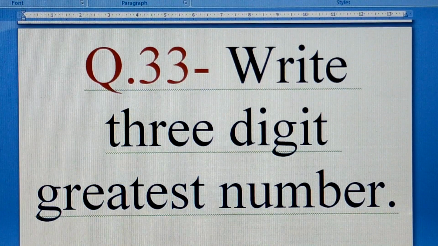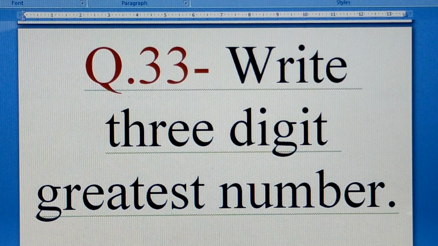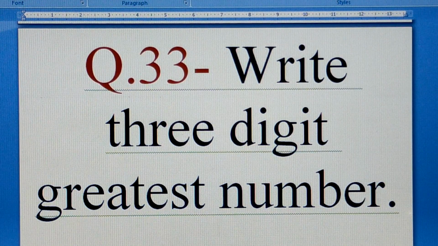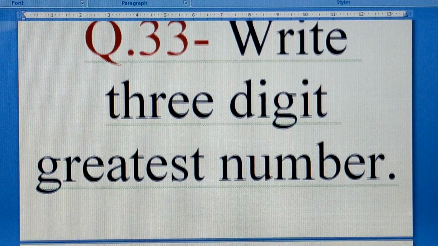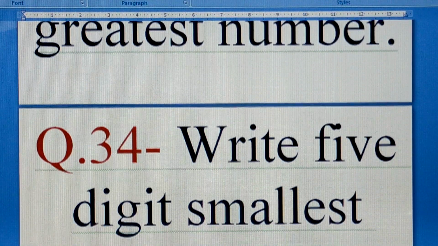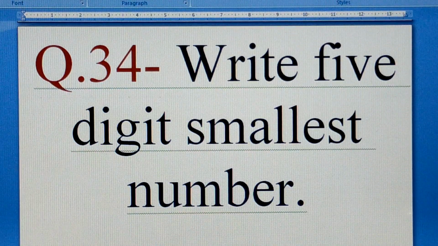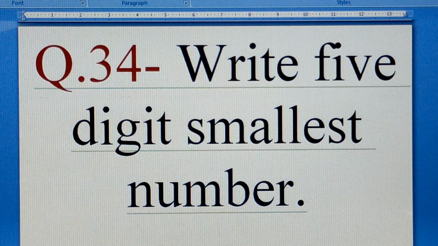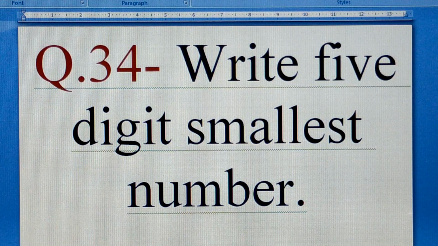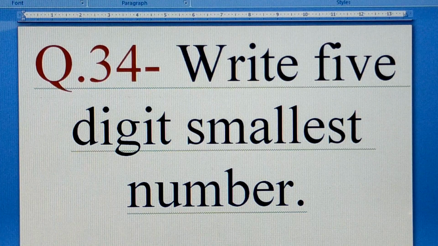Write the 3-digit greatest number. Now you have to decide whether it is 111 or 222 or 333 or 444 or 999 or 888. Okay. Now write the 5-digit smallest number. 11111 or I don't know.